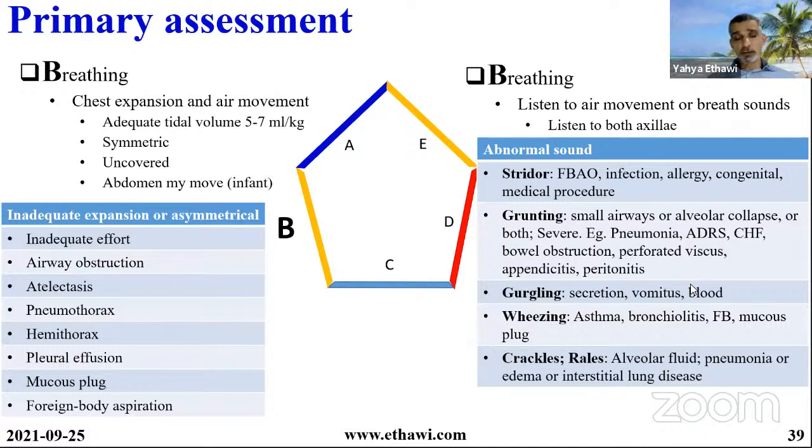You usually hear crackles and rales for fluid in the lower airway, such as the presence of pneumonia or pulmonary edema, and interstitial lung disease. And you guys have to know what interstitial lung disease is.